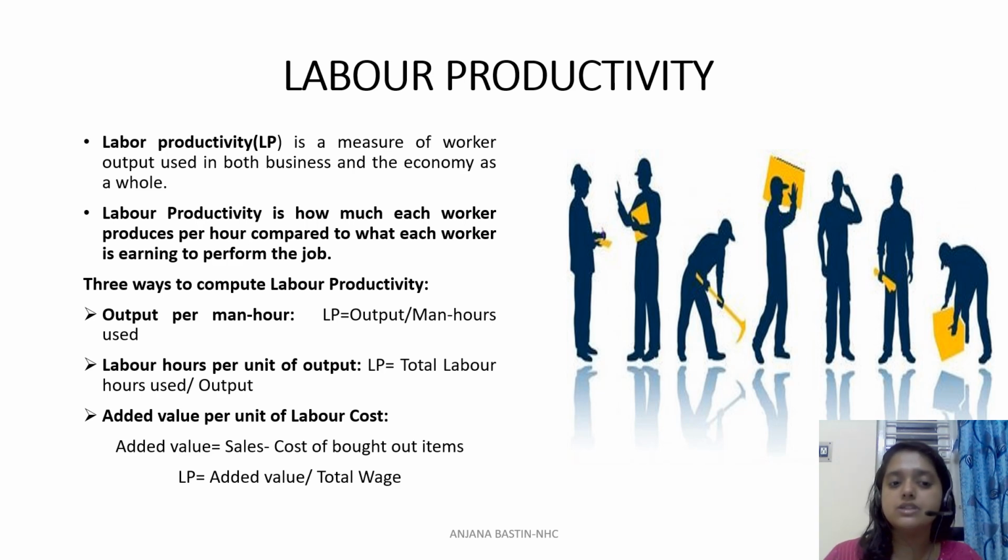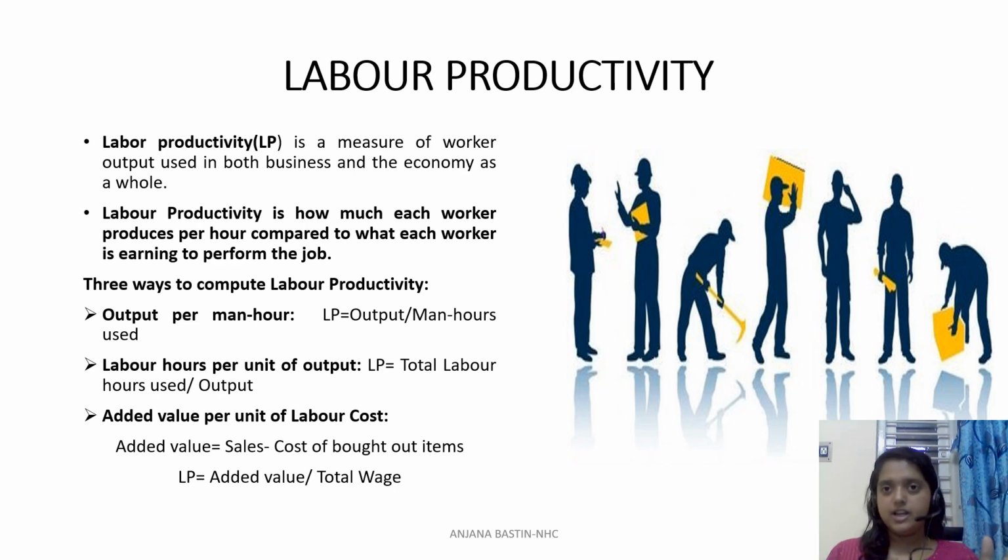And the third way is to calculate the added value. We always said that material management, back in that chapter, plays an important role in adding value, because the difference between the value of raw materials and finished products is your value addition. Sales minus cost of bought out items, which is the cost of materials, would give you the added value.